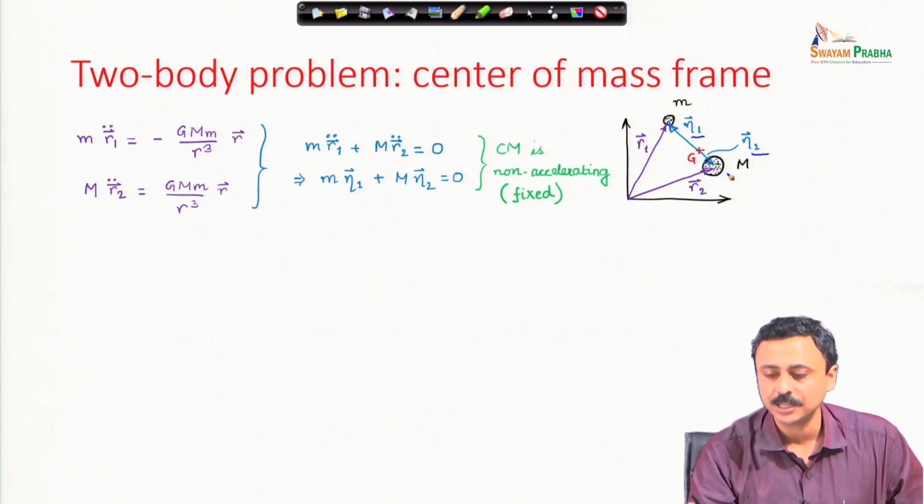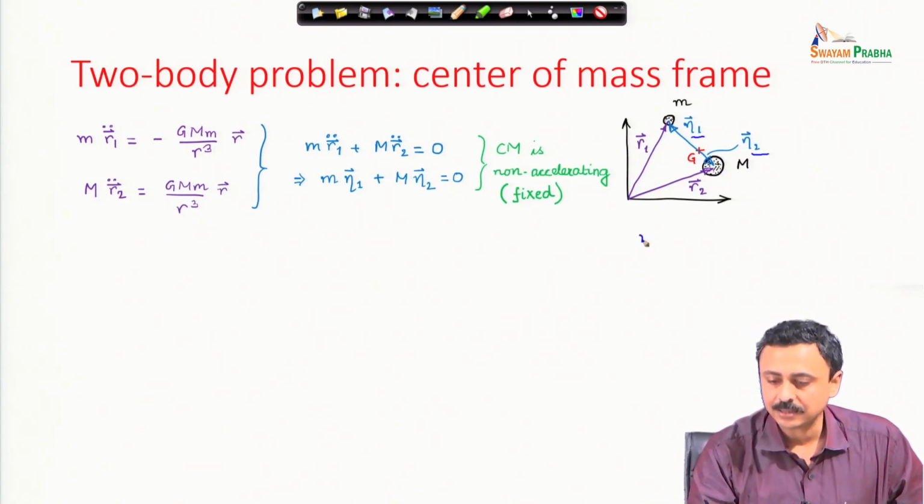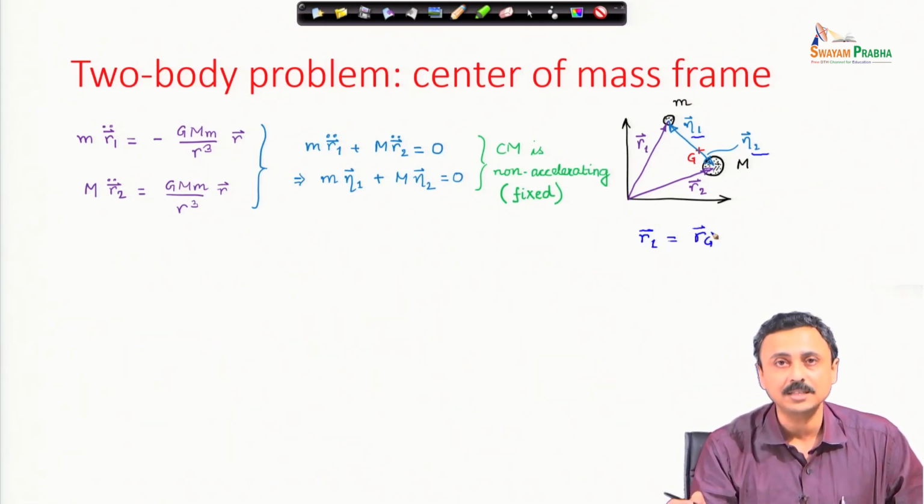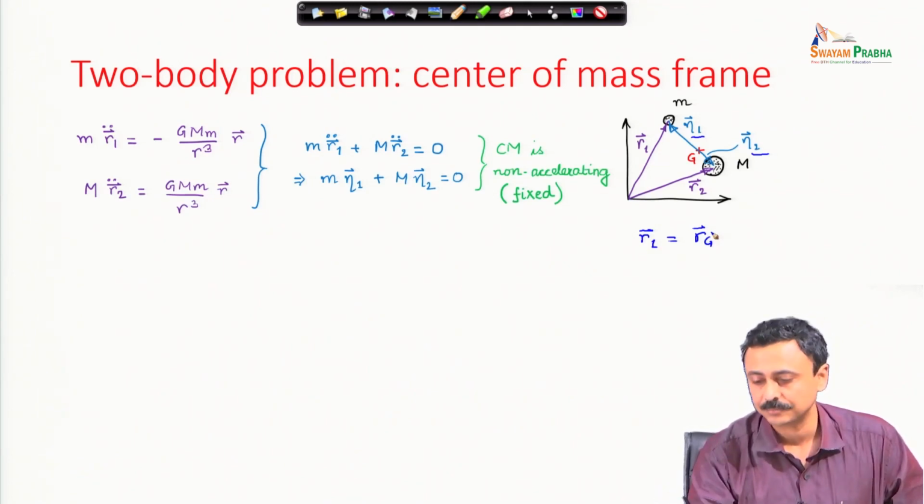These are eta 1 and eta 2, and then I can write r 1 vector as r g vector, which is the position vector of the center of mass. Remember that in the center of mass frame this r g vector is fixed, it is constant.